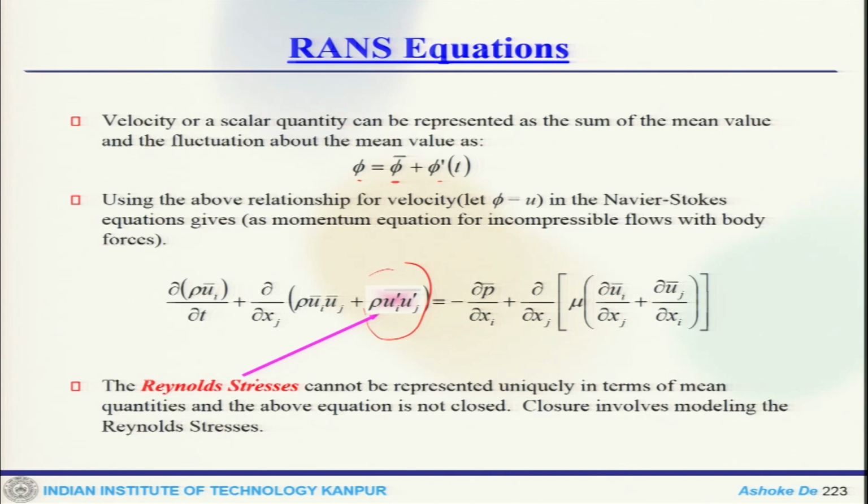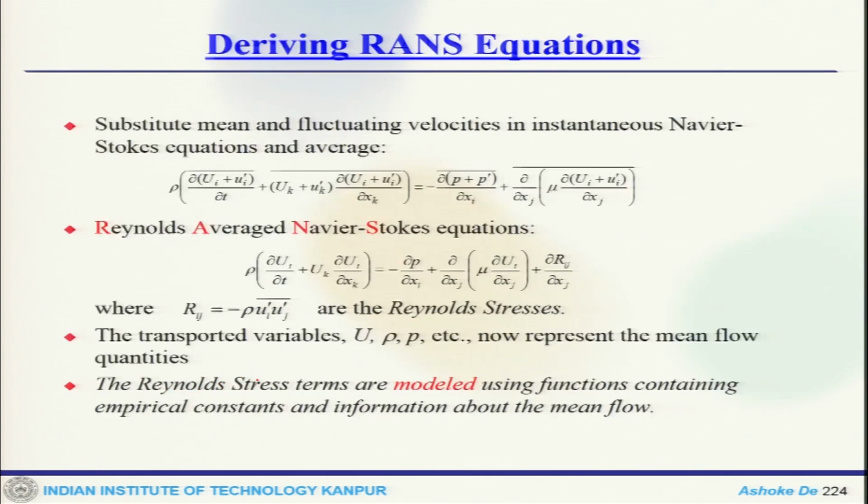That gives rise to the different kinds of models that we have already discussed, like RANS based models. Once you substitute the mean and fluctuating velocities in the instantaneous Navier-Stokes equation, this is what you get, the RANS equation, and these Reynolds stress terms are modeled, and that will give you different equations.